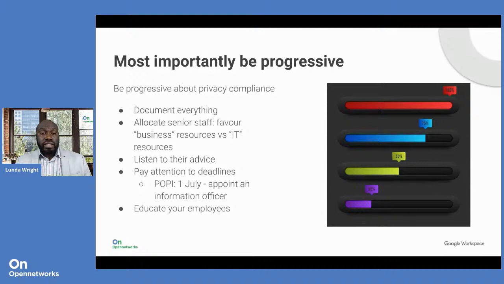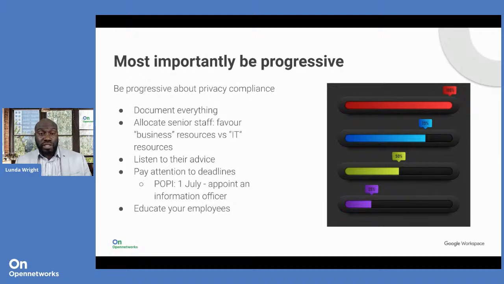What this means is that if you're going to adopt a privacy compliance strategy, make sure that you're spending time documenting it. Also allocate senior staff that should get involved in privacy compliance.